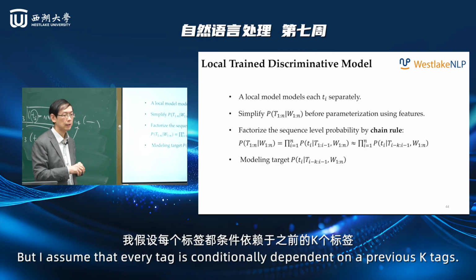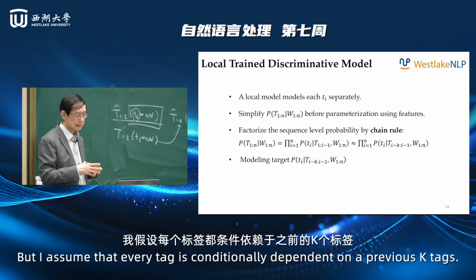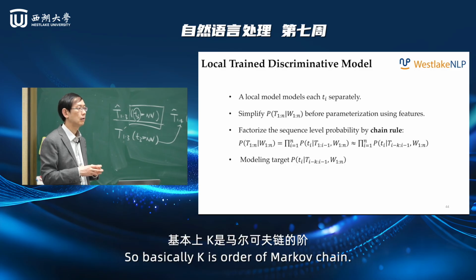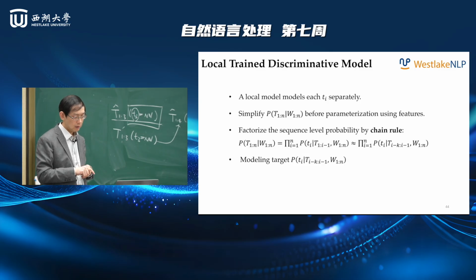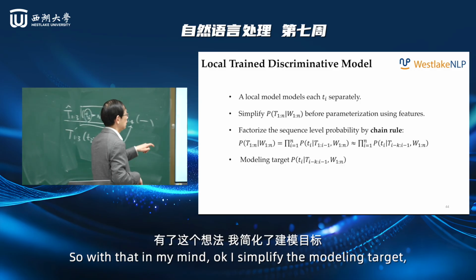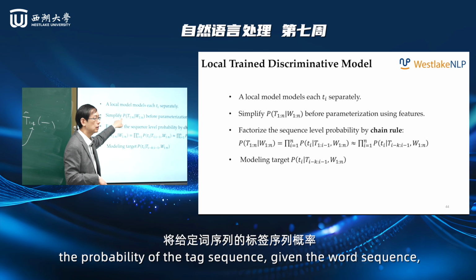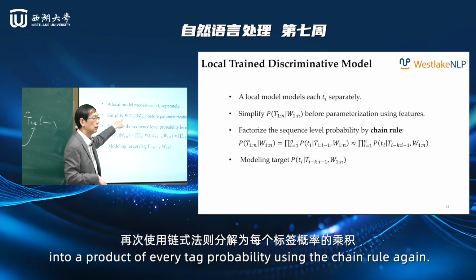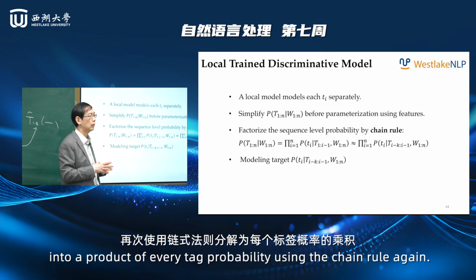But I assume that every tag is conditionally dependent on the previous k tags. So basically, a k-th order Markov chain. With that in mind, I simplify the modeling target, the probability of the tag sequence given the word sequence, into a product of every tag probability using the chain rule again.